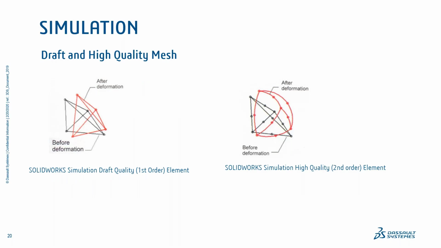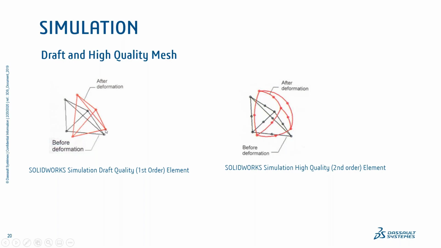There is one more enhancement in the meshing, what we call a mixed mesh. What usually used to happen earlier is that all the elements could have either a draft mesh or a high quality mesh. Let us try to understand what we mean by draft quality. What you're seeing here are first order elements, and these elements only have corner nodes.